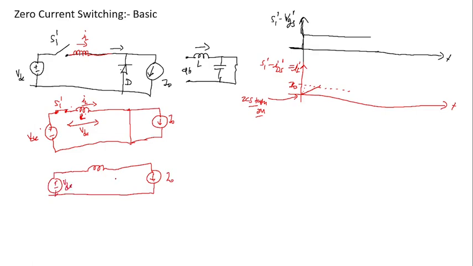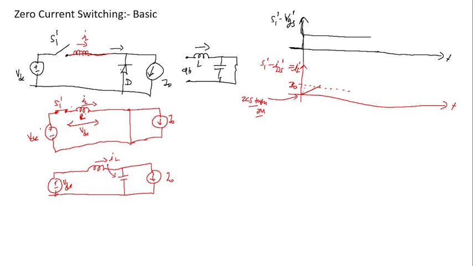Here we have to introduce some branch. That branch can be an inductor or a capacitor. It cannot be an inductor because of some reason, which we will discuss later. For now, we will assume it is the capacitor. That capacitor will help commute this inductor current.